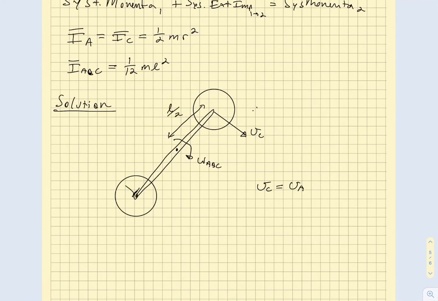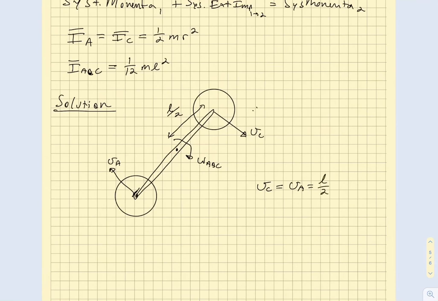That means that there exists a velocity VC. And if we were to calculate the VC, this VC would be equal to the same as VA, because they're the same distance across.